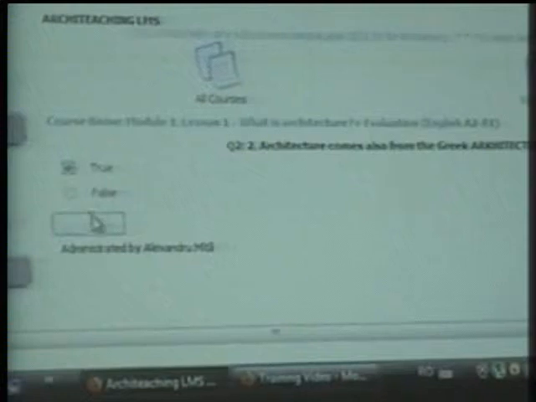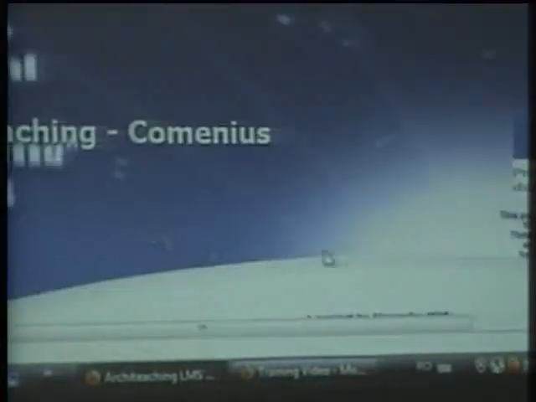True. Question 3. Architecture means art and science, chief and builder, carpenter, mason, building and construction. The answer is number 4.